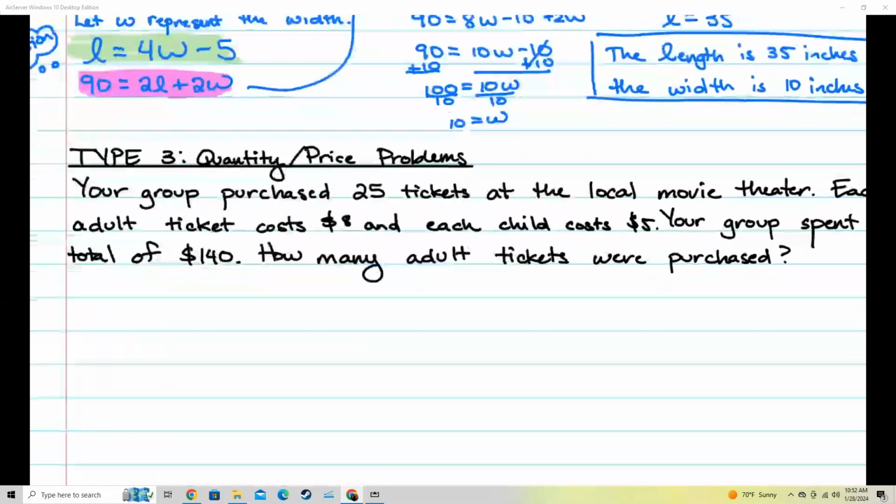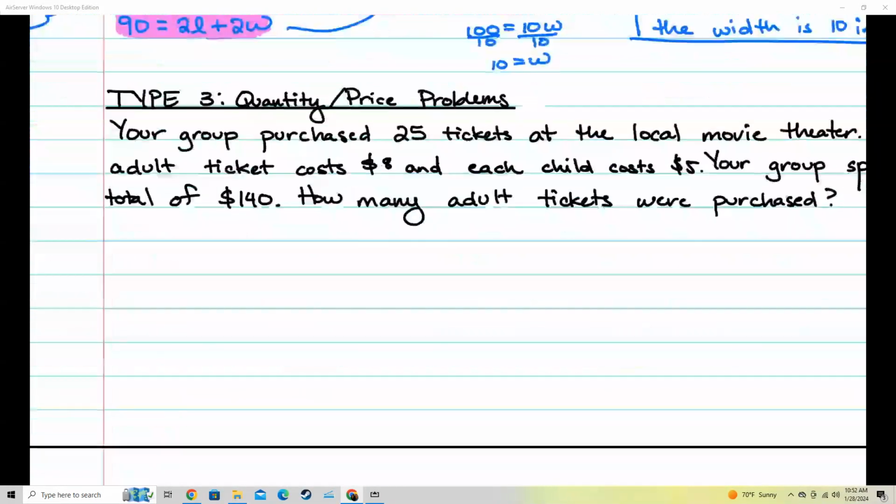So for this problem, I'm going to write let A represent the number of adult tickets. All right, so if I'm going to let A represent the number of adult tickets, because I don't know how many adult tickets were bought, what else don't I know?